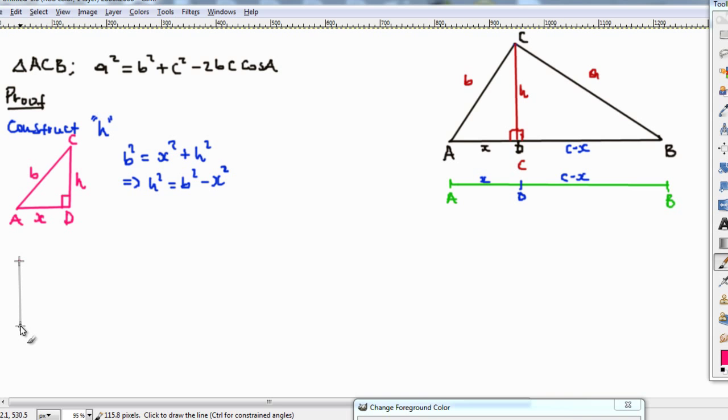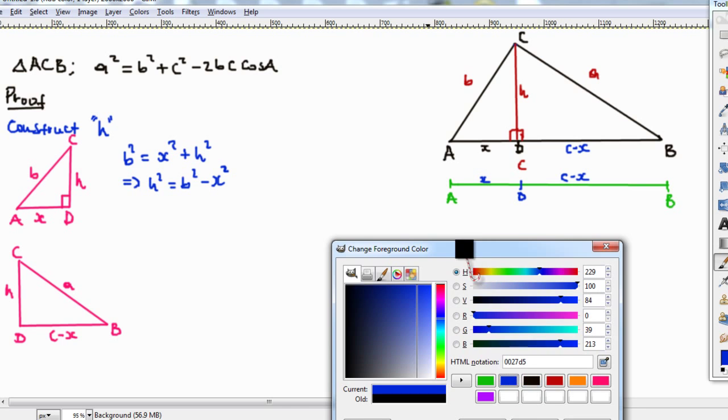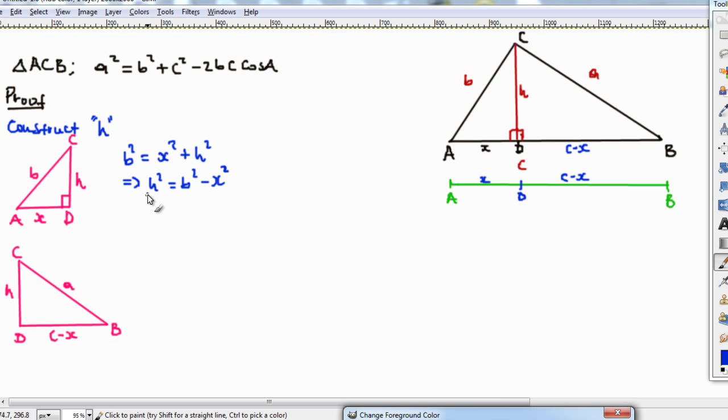DCB looks something like this, and here we have D, here we have C, here we have B, and this length is C minus X, this length is our H, and this length is A. In this right angle triangle, the hypotenuse side is A. So if we apply the Pythagoras rule, A squared is equal to c minus x all squared plus h squared.